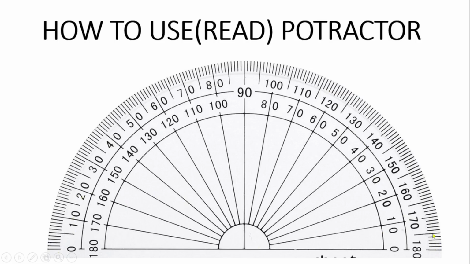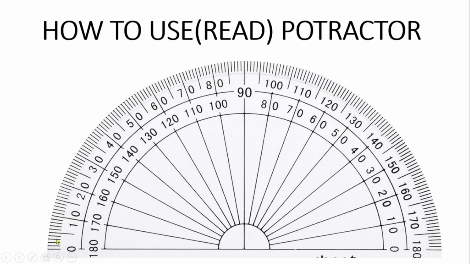You can see that we have small lines at the edge of the protractor. These lines are in fives. Between 0 and this long line, you have 5 lines there, and between this long line and the next long line, we have another 5. So from here to here is 10. That means each line represents one unit.